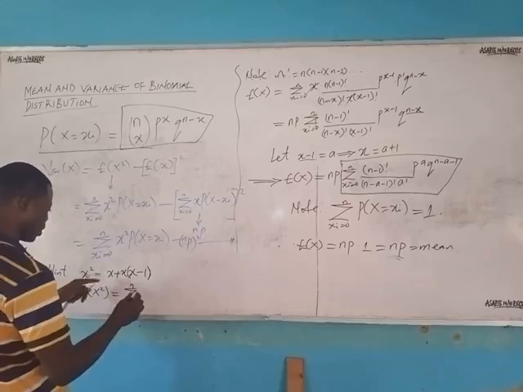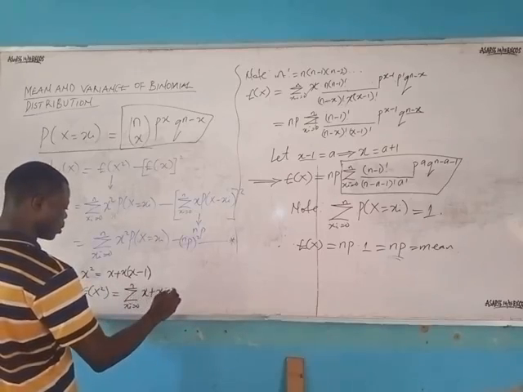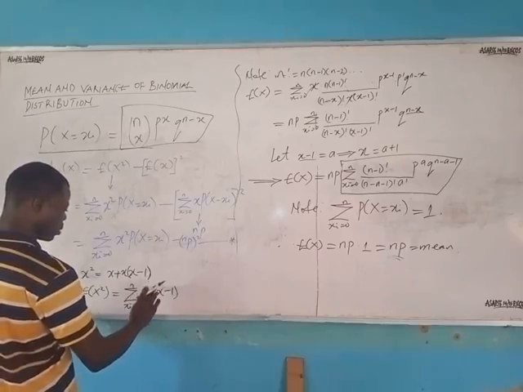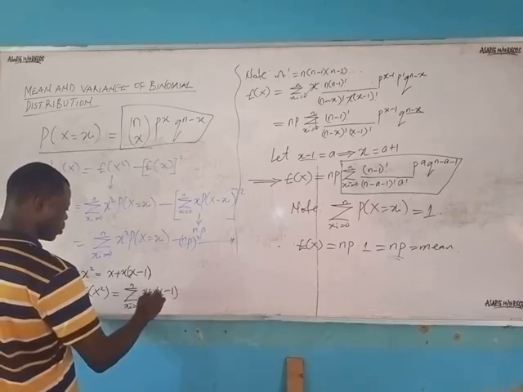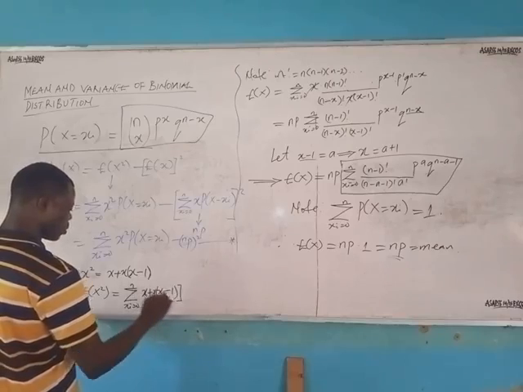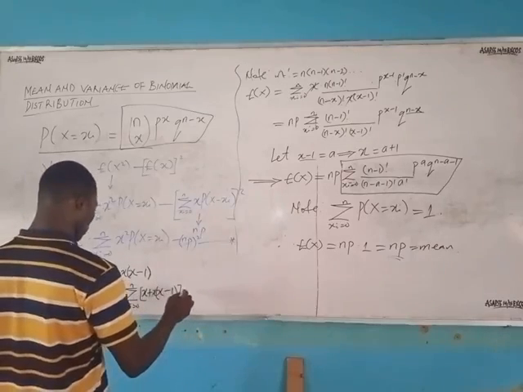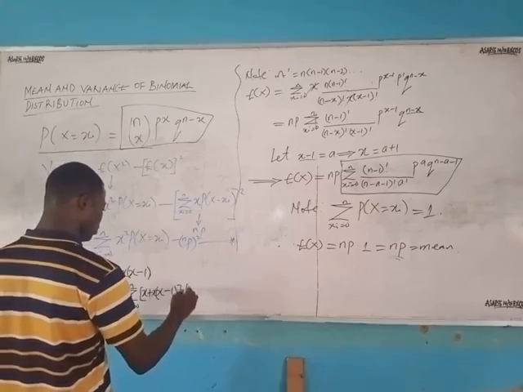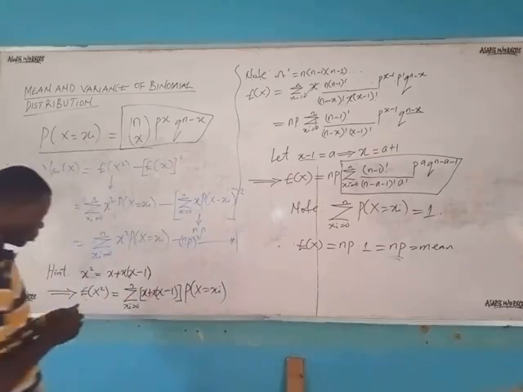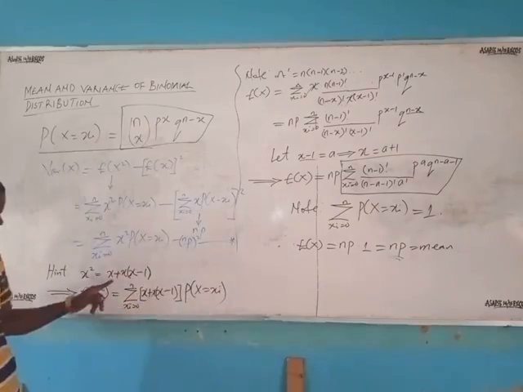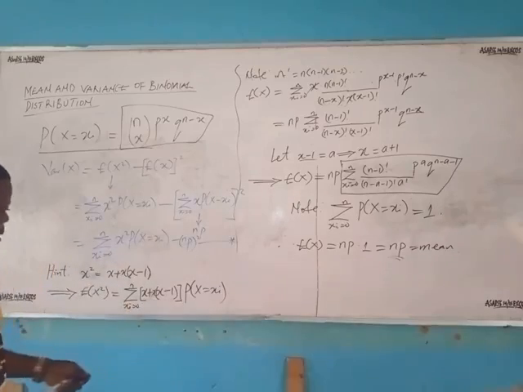So we are going to have x plus x into x minus 1, then p of x equal to xi. So everything here is now for x.